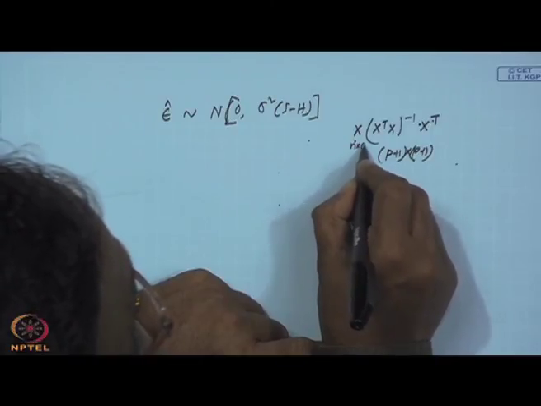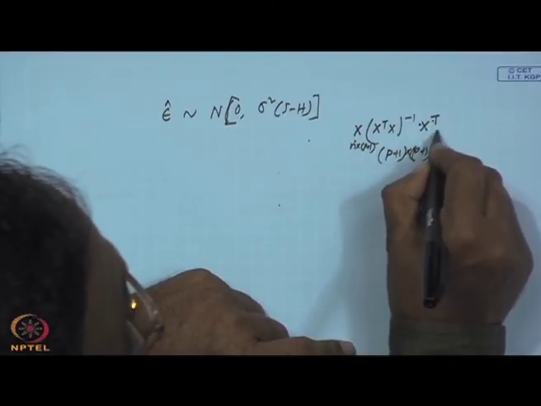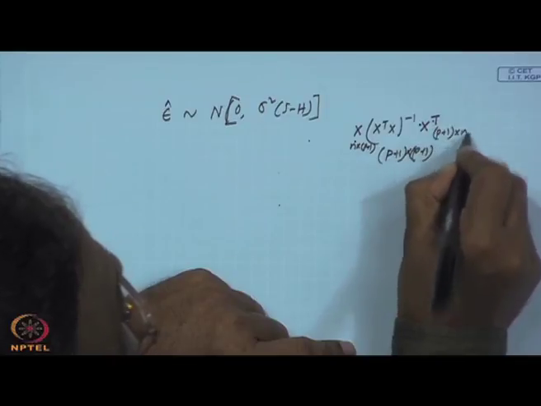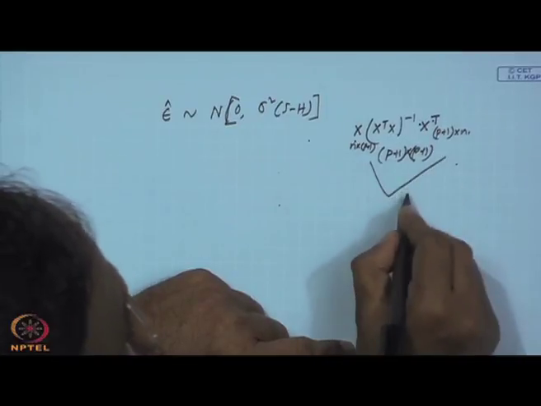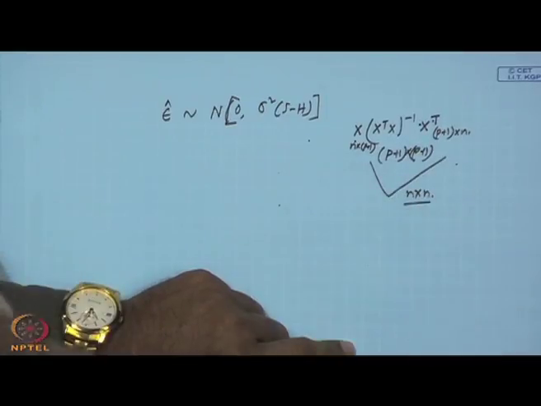X is n into p plus 1 and x transpose is p plus 1 into n. So, what is the resultant quantity? N cross n.